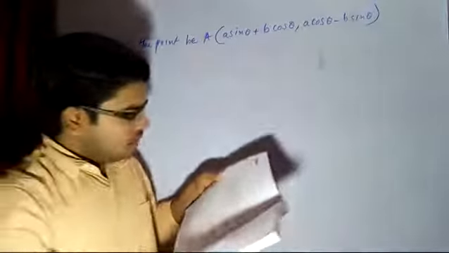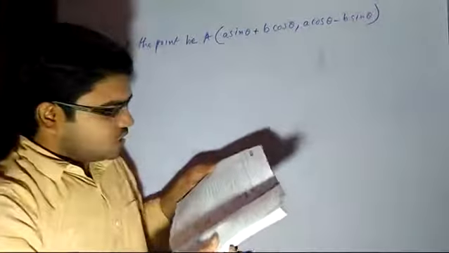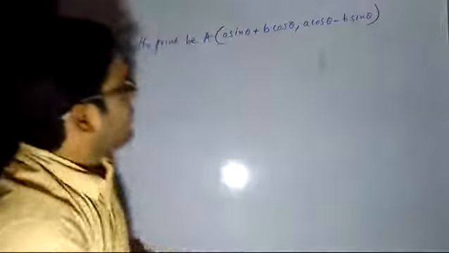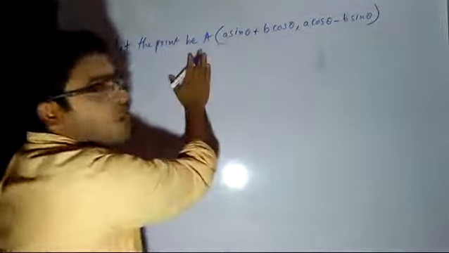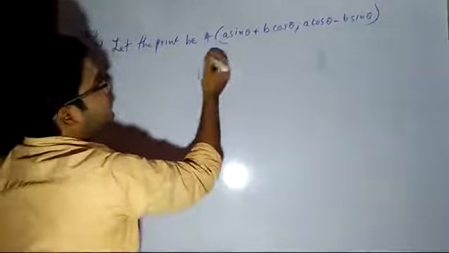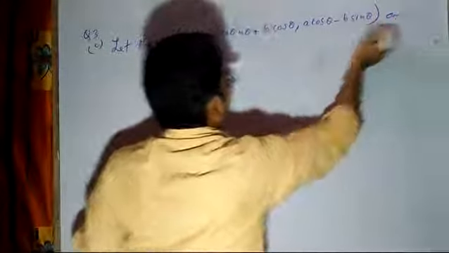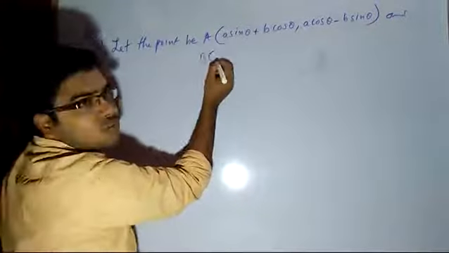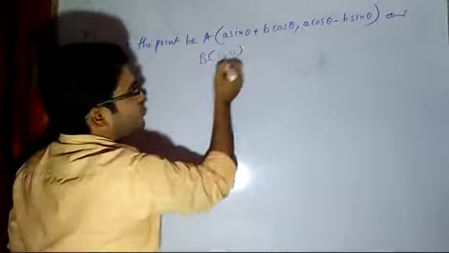Correct? So this is the point, and we have to find the distance from the origin. So one point is this, and the other point, B, is the origin, that is 0, 0.